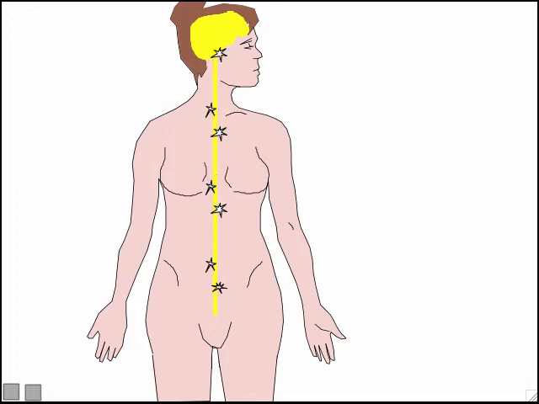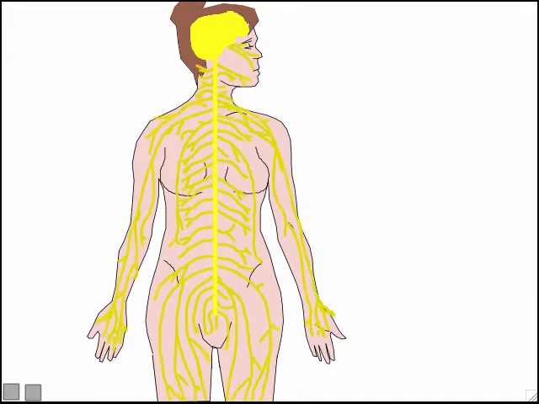Okay, let me stop these signals for a second. This illustration shows the brain and the spinal cord, which together are the central nervous system. But remember, there's also the peripheral nervous system, which is all the nervous tissue outside the brain and the spinal cord, the PNS. Most of this is nerves. The nerves that connect to the spinal cord are called spinal nerves.